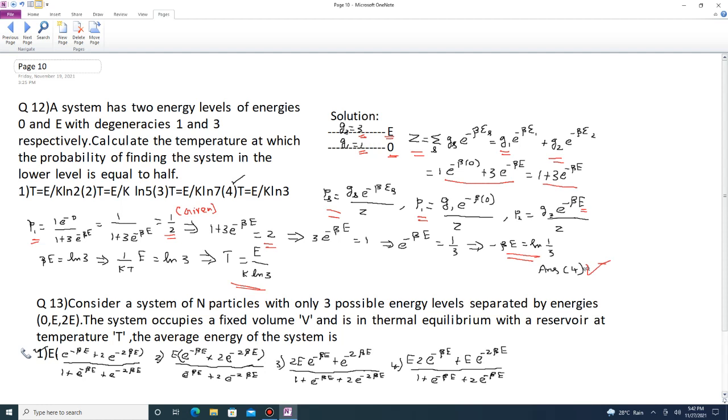The system occupies a fixed volume V and is in thermal equilibrium with a reservoir at a temperature T. The average energy of the system is... because it occupies a fixed volume and the temperature T also remains constant, it's a canonical system. Four options are given. Now let us find the correct value.